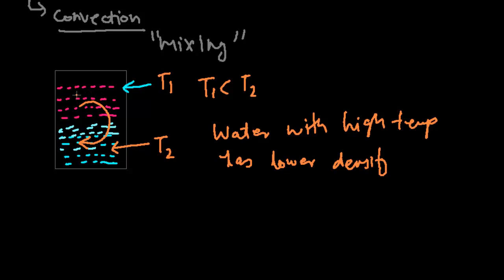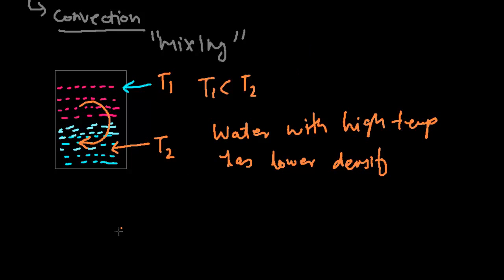The cold water will tend to move downwards, whereas the hot water will tend to move upwards, and as a result the situation may change somewhat. Obviously there would be some heat transfer in between them, but ideally there would be convection. The entire shift of cold water below the hot water will take place, and this is how the convection process works.